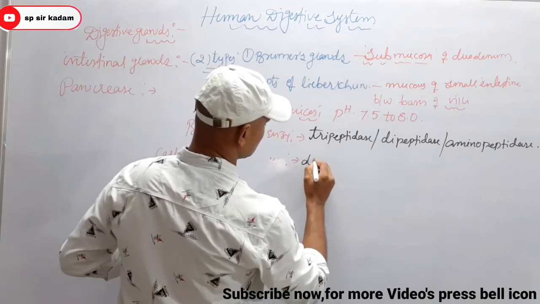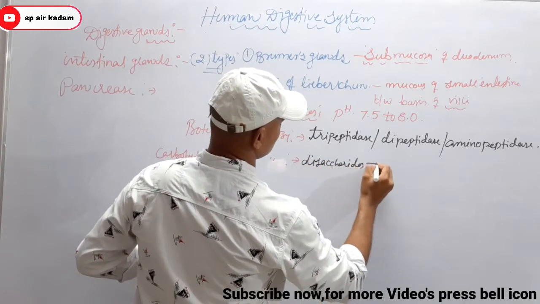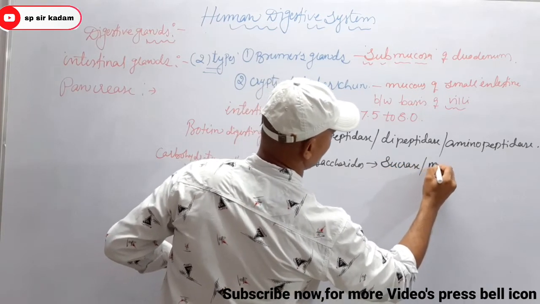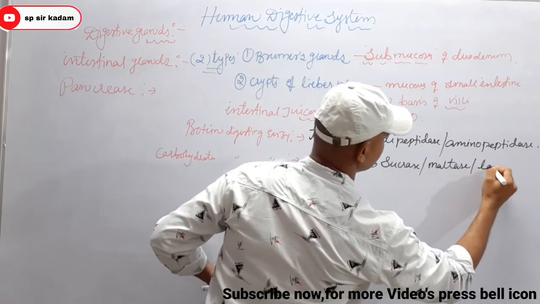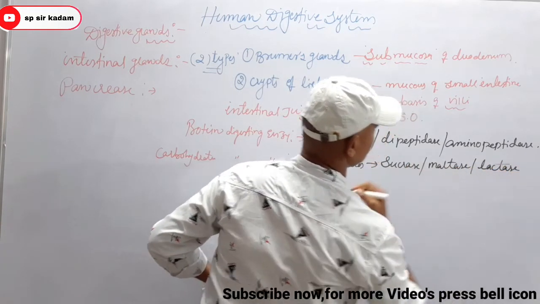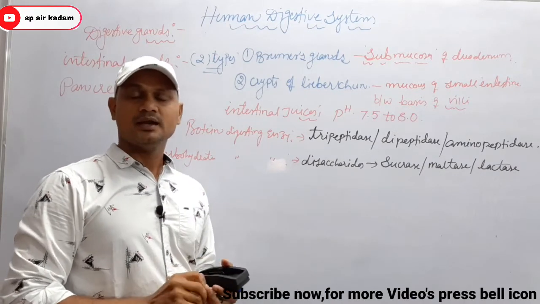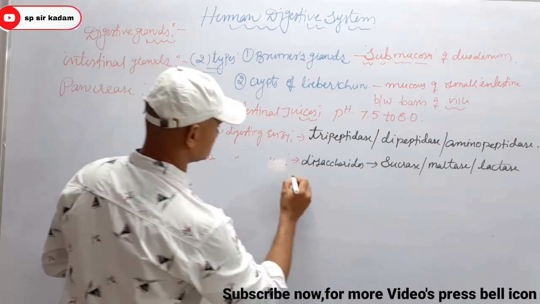So what are the disaccharidases? Like sucrase, maltase, then lactase. So these three are the carbohydrate digesting enzymes, and some amount of intestinal lipase also.